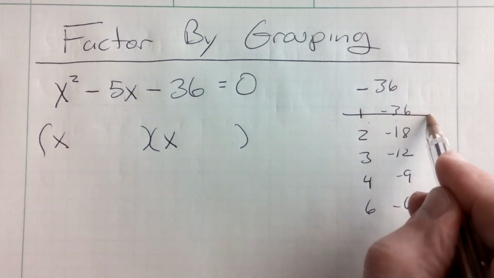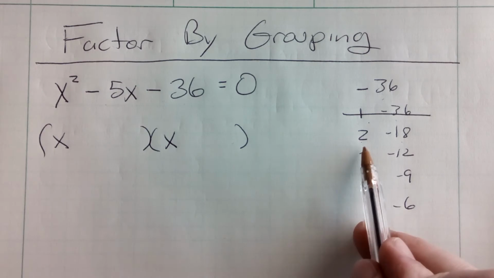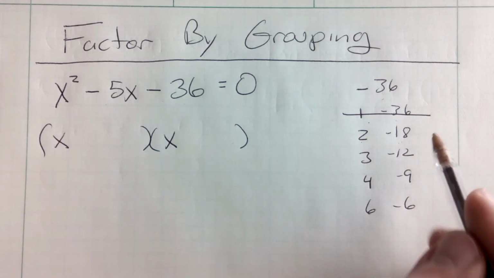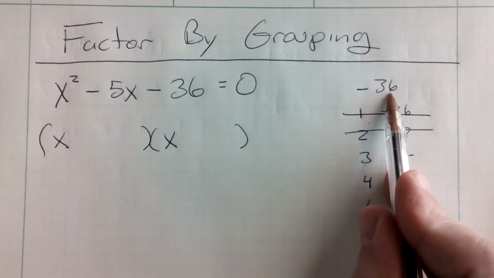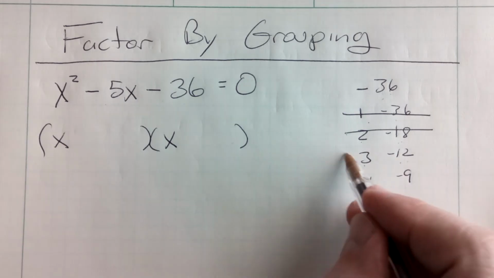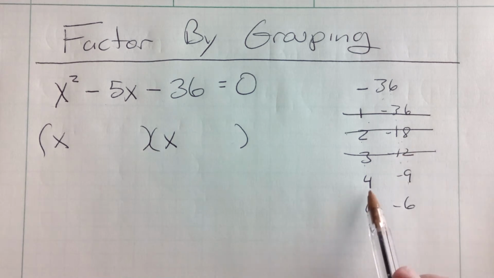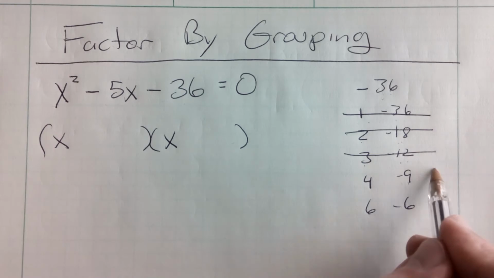That's not what I want. 2 times negative 18 is negative 36, but 2 plus negative 18 is not negative 5. So then 3 times negative 12 is negative 36, but 3 plus negative 12, again, is not negative 5. 4 times negative 9 is negative 36, and 4 plus negative 9 is negative 5. So this is the one we want.